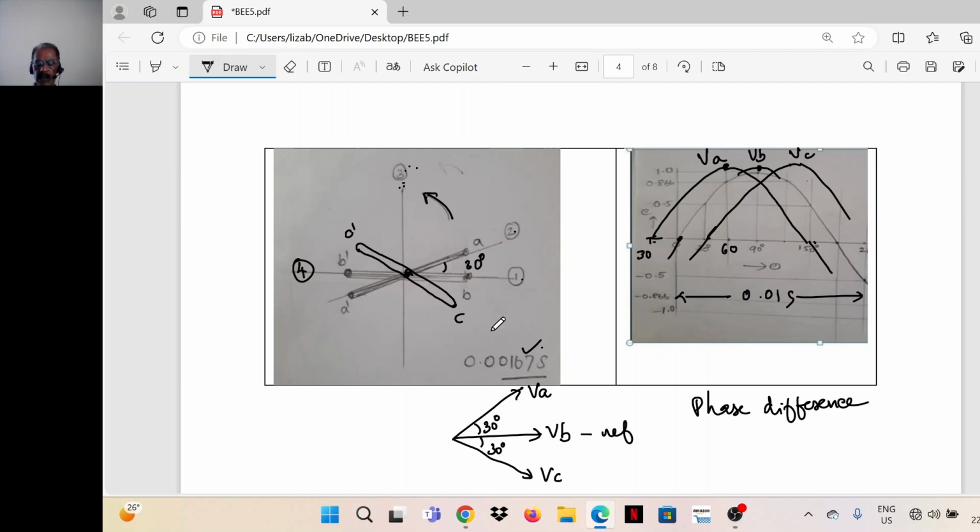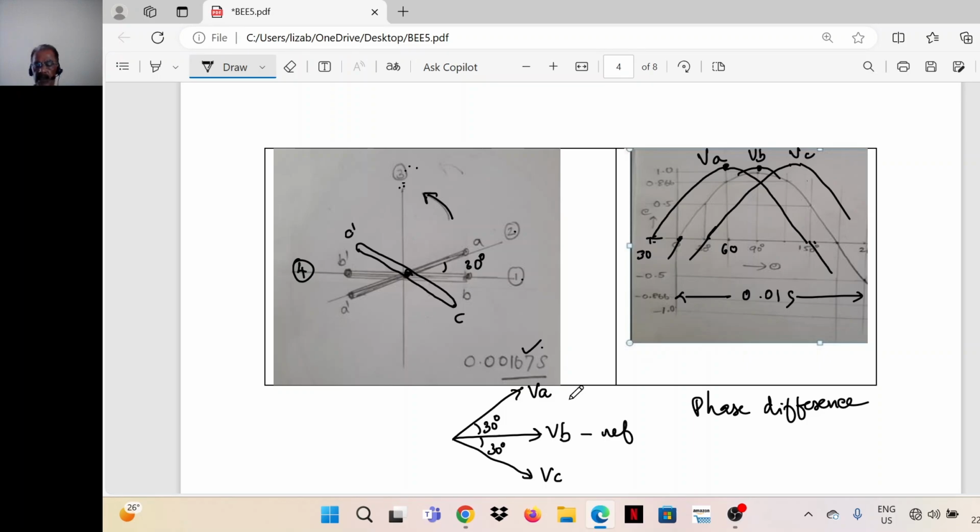So in this case, VC is the RMS phasor. VC is lagging behind VB by an angle of another 30 degrees. So this is what is called phase difference. These are the RMS values.